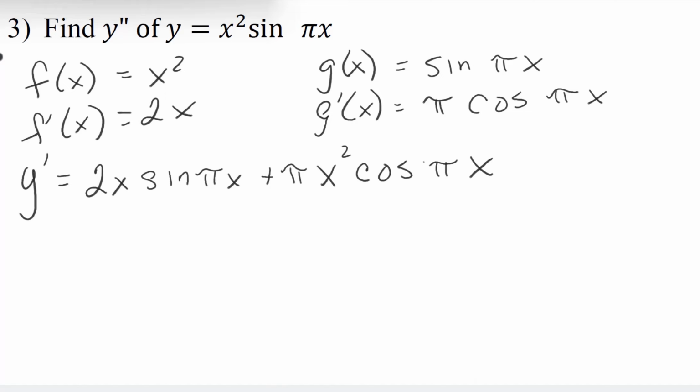Correct me if I'm wrong, but isn't the product rule supposed to be f of x times g prime of x, and then vice versa? The answer I got is 2x sine of pi x plus x squared times pi cosine of pi x. So you basically have the same thing, just reversed.